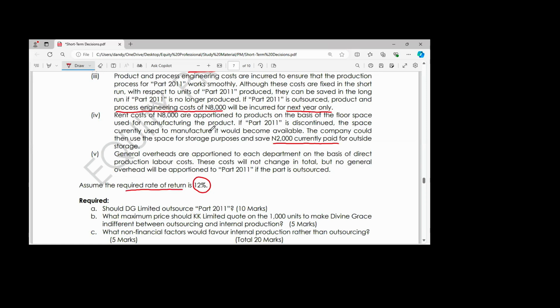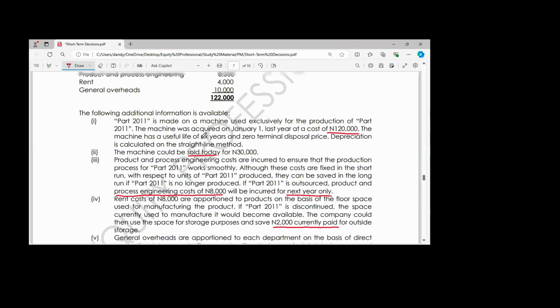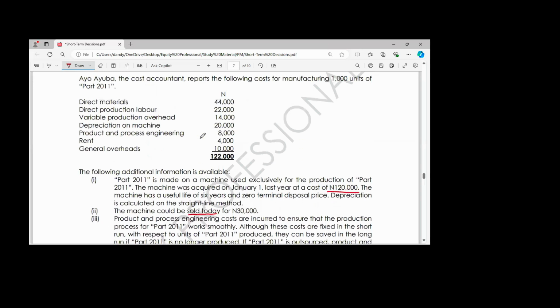You are going to need direct material cost, direct labor cost, and variable production overhead. Remember, depreciation is a non-cash item. When you see depreciation, you ignore it.